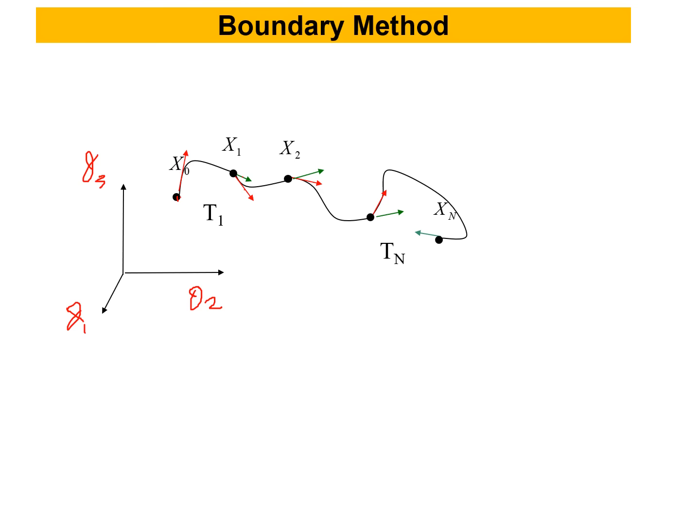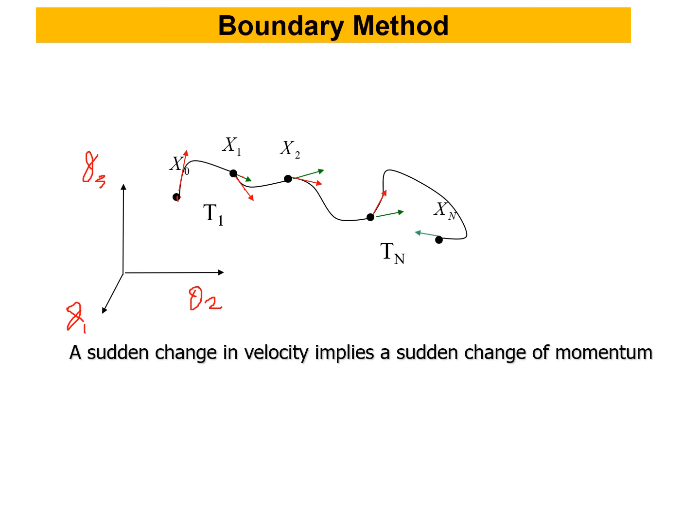The resultant of these two velocities is something that the muscles should adjust for, and that's how we find the muscle activity. How do we assess muscle activity from this approach? A sudden change in velocity, green and red, each in a different direction.